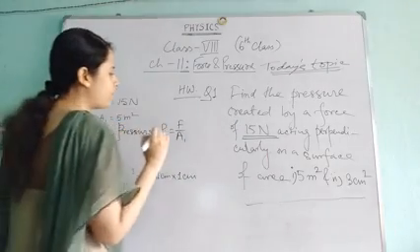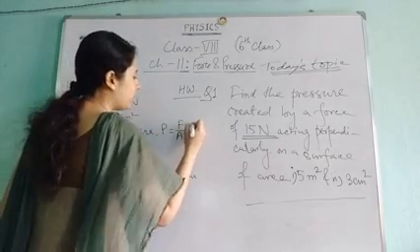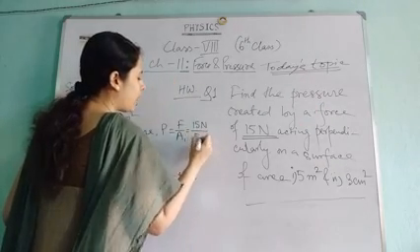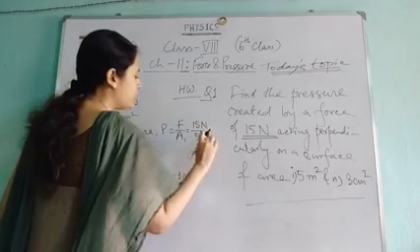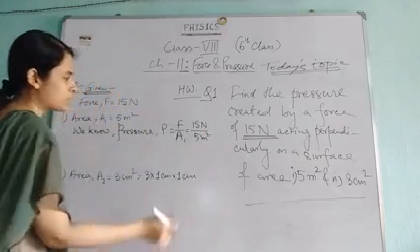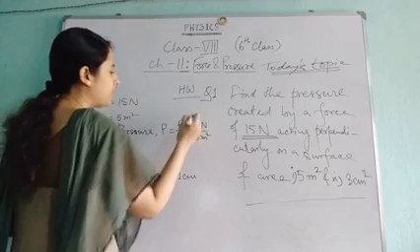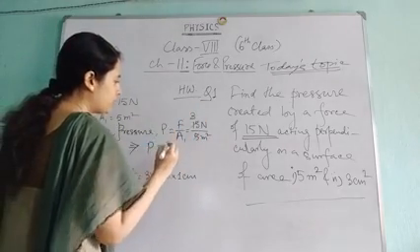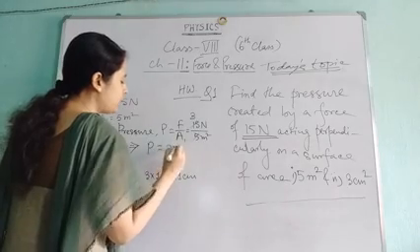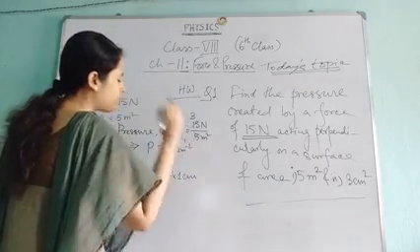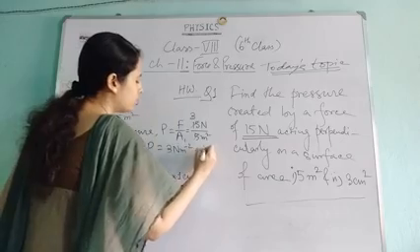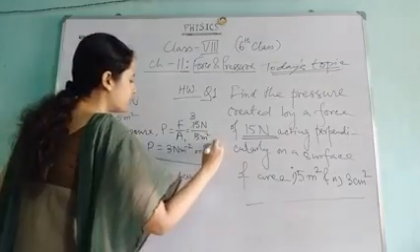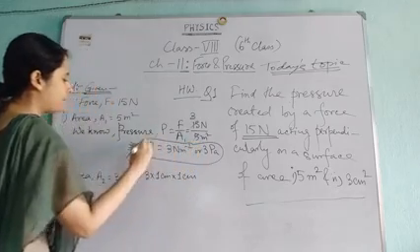So F by A1 means 15 Newton by 5 meters square, and hence it will become pressure P equals 3 Newton per meter square or 3 Pascal. So the first answer is 3 Pascal.